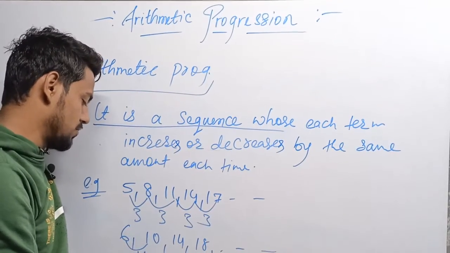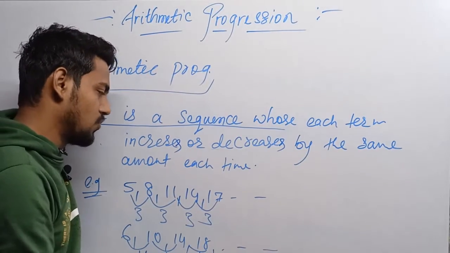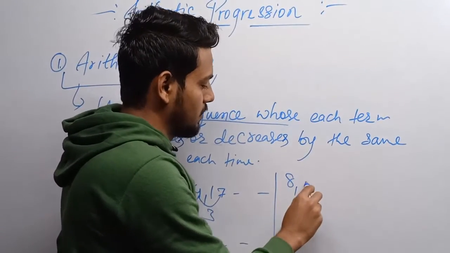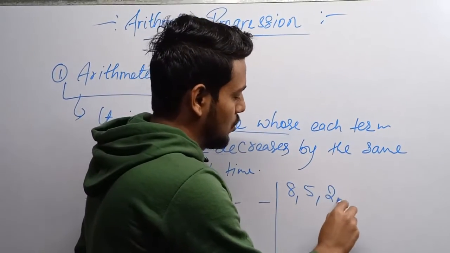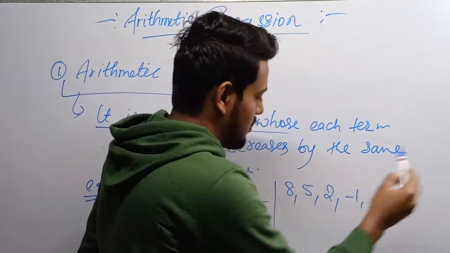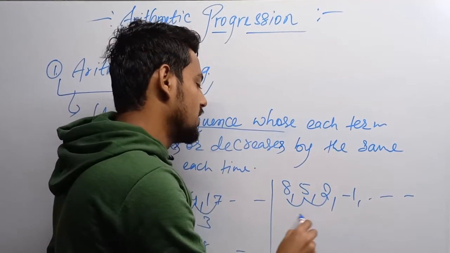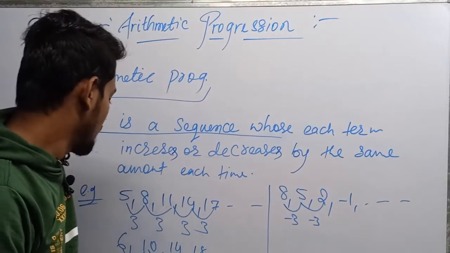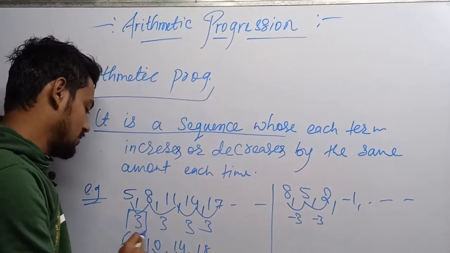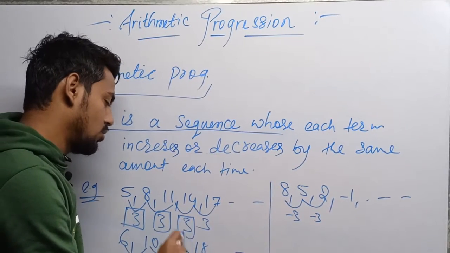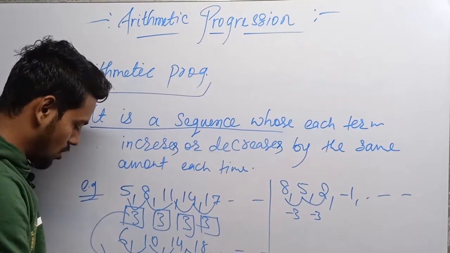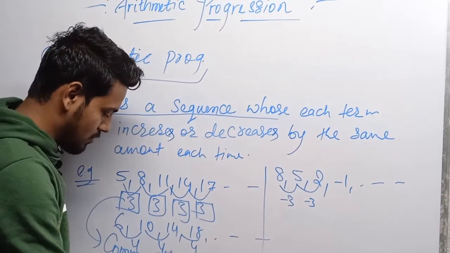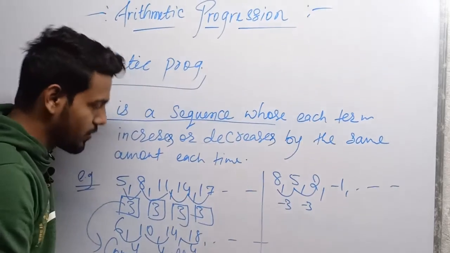Here each term is increasing by 4. Let's take a decreasing AP: 8, 5, 2, minus 1, and so on. Here each term decreases by 3, and this difference, which is equal for all, is known as the common difference.